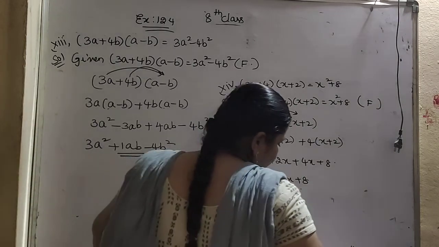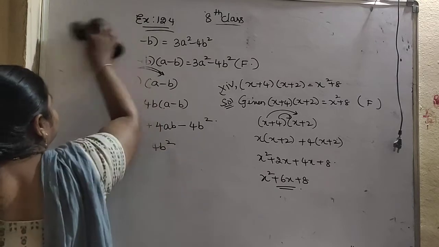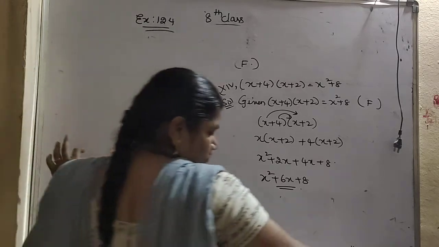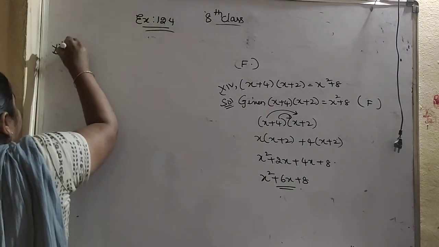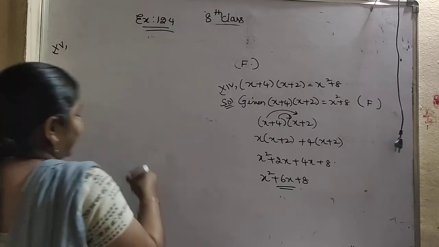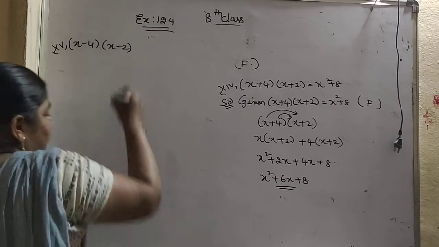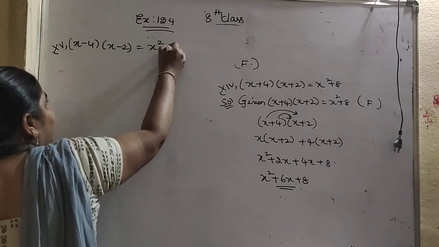So next is 15th one. So 15th is (x − 4)(x − 2) is equal to x² − 8.